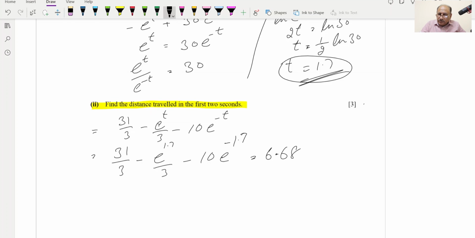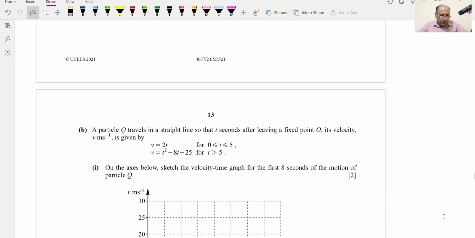This will be a 3-mark question, which we are done. Hopefully you understood this part as well.